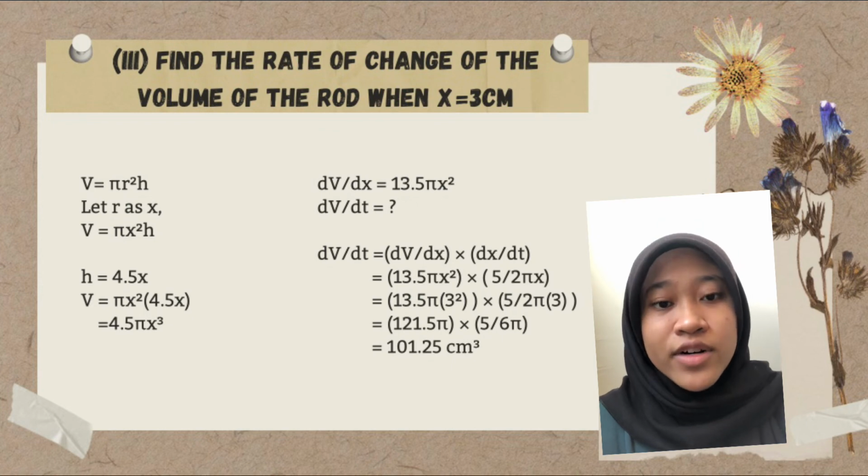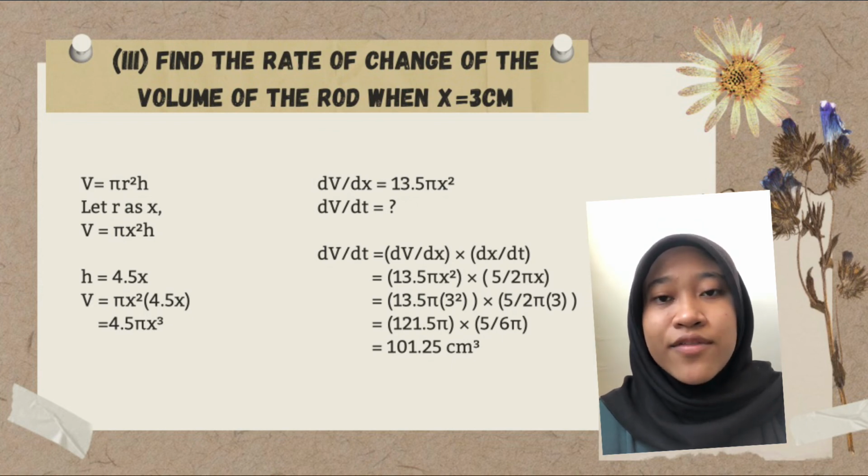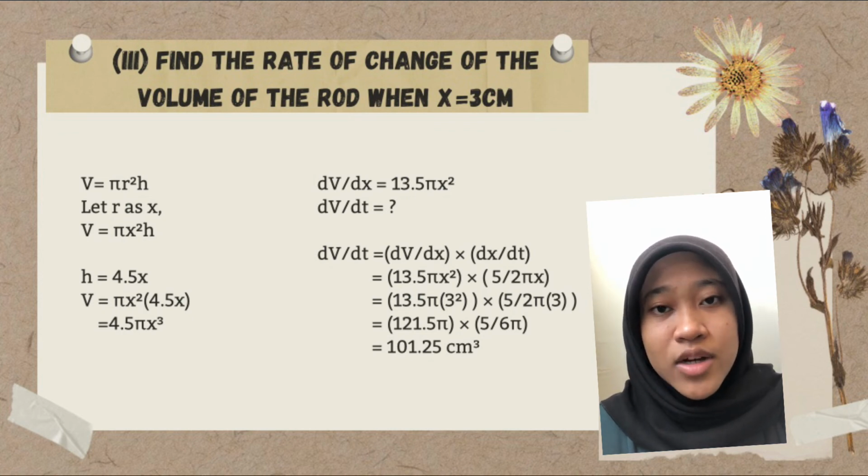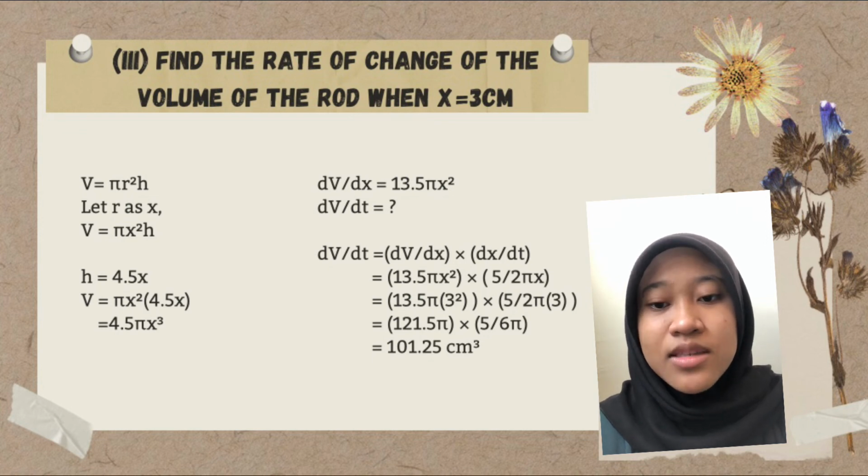To find dV/dt, it is dV/dx times dx/dt. We already have dV/dx, and we already have dx/dt from question 2. So, 13.5 pi x squared times 5 over 2 pi x. The 5 over 2 pi x we got from question 2.